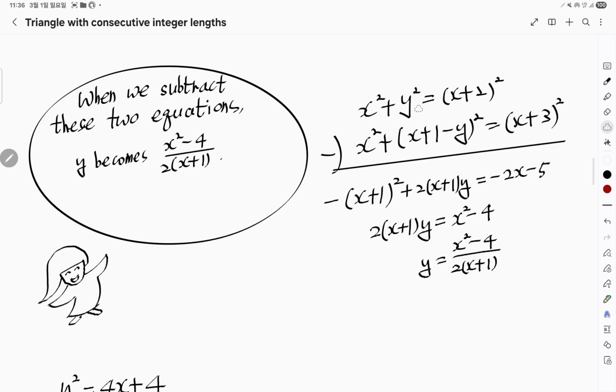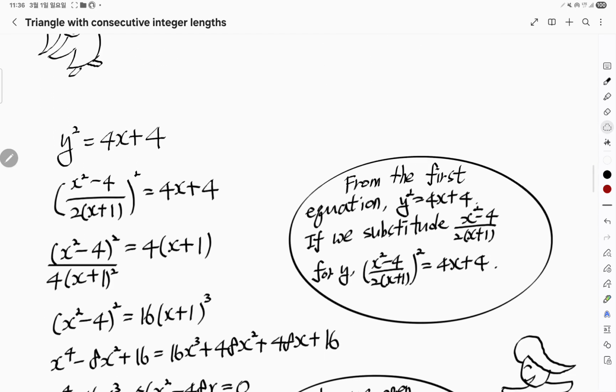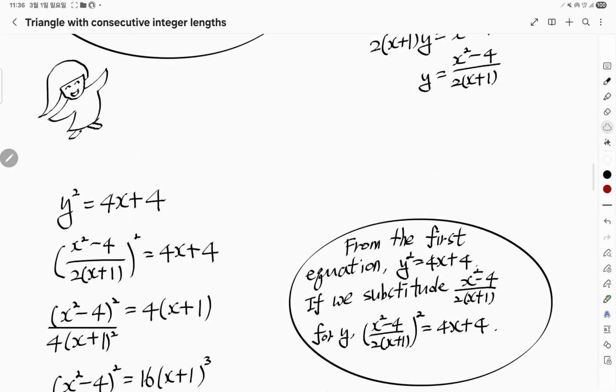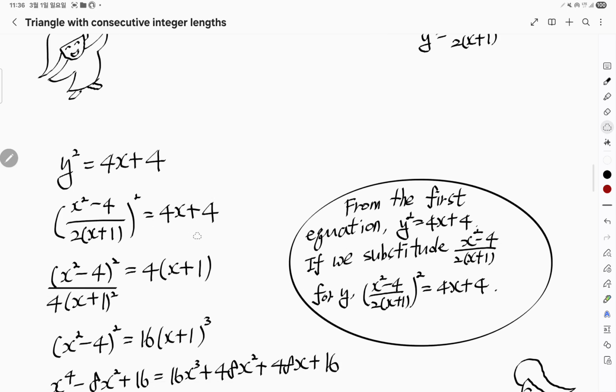From the first equation, y squared is 4x plus 4. If we substitute (x squared minus 4) over 2 times (x plus 1) for y, ((x squared minus 4) over 2 times (x plus 1)) squared is equal to 4x plus 4.